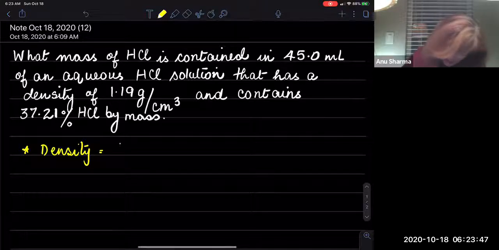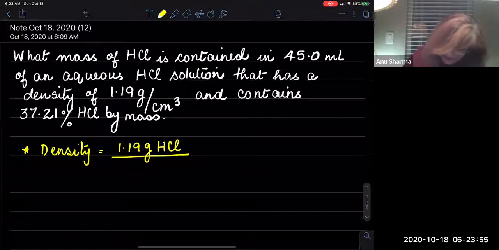Density means that 1.19 grams of HCl is present in 1 centimeter cube. Actually, this is the solution. This is the density of the solution. This is what we know.